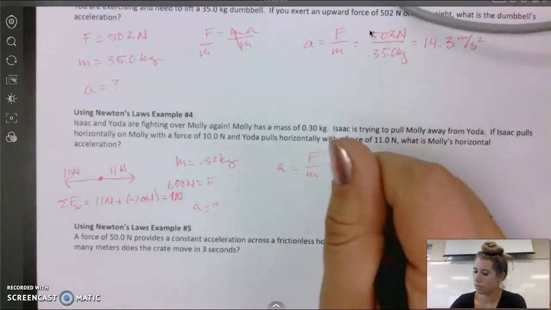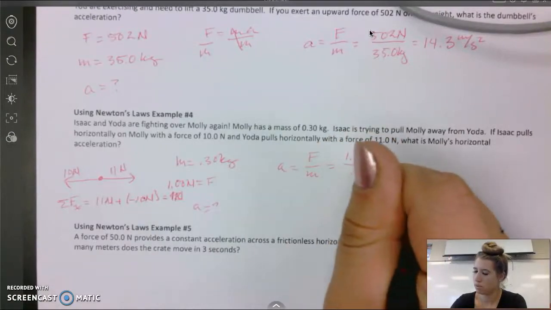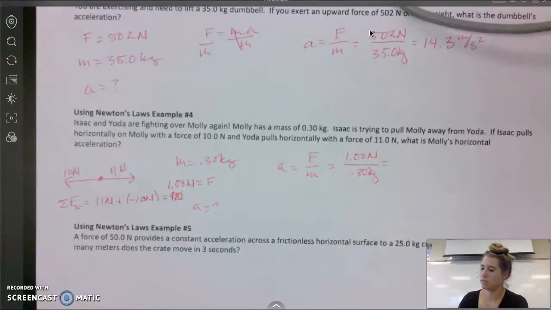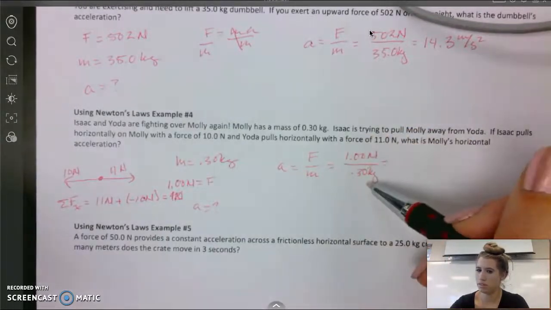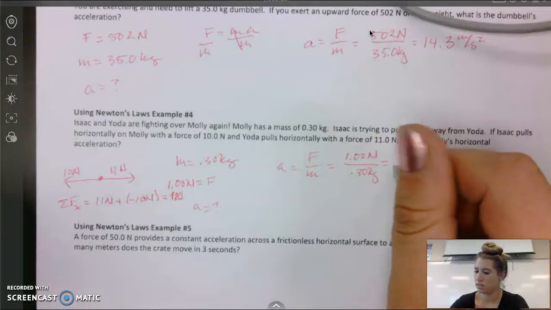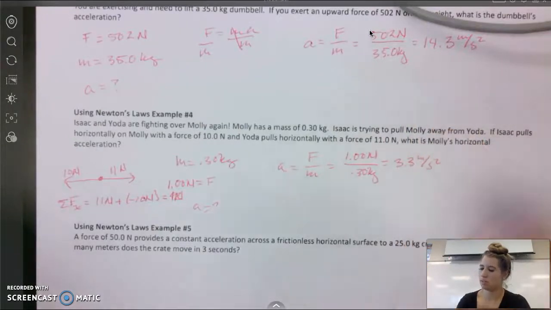So force is 1 newton divided by 0.30 kilograms. 3 sig figs, 2 sig figs. So my answer will be 2 sig figs, 3.3 meters per second squared.